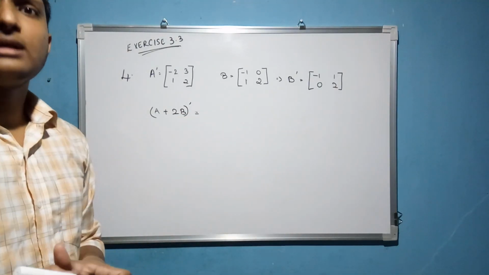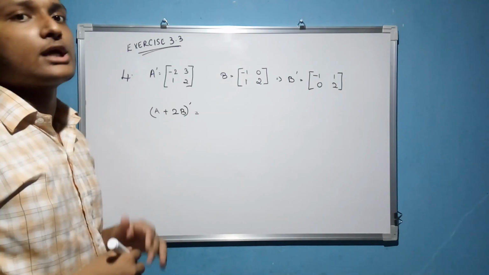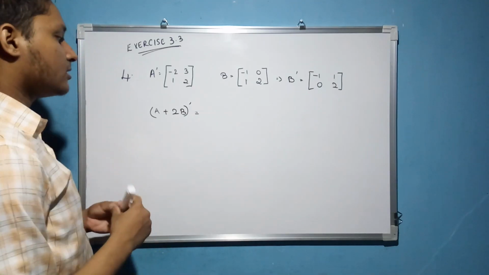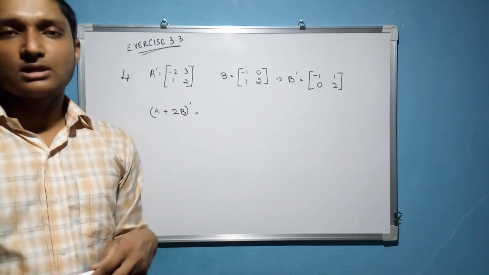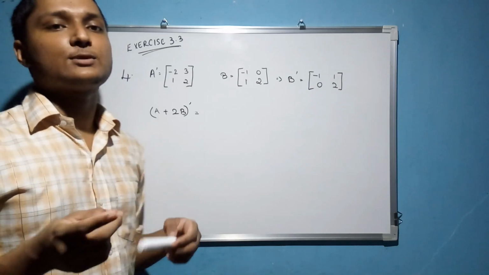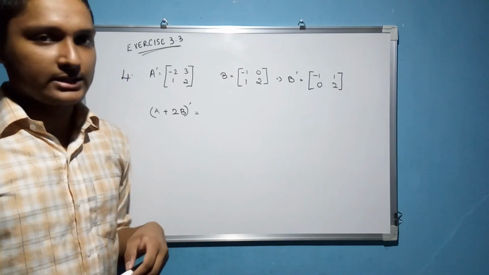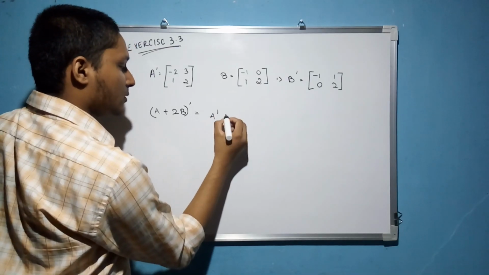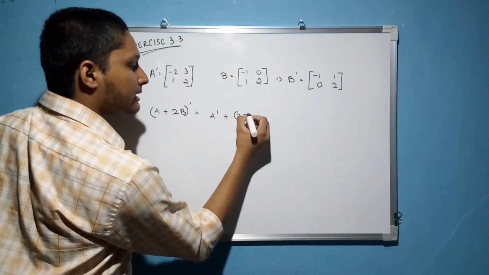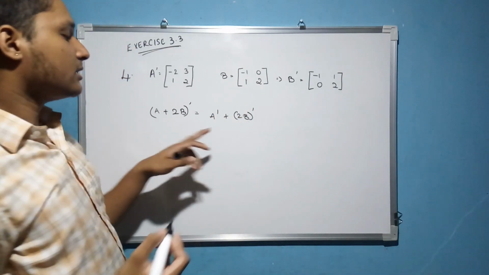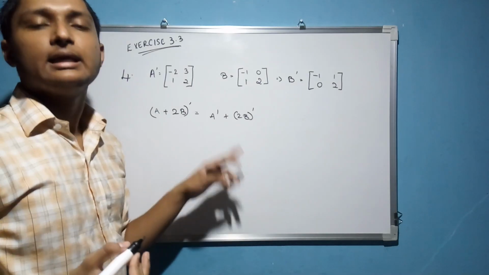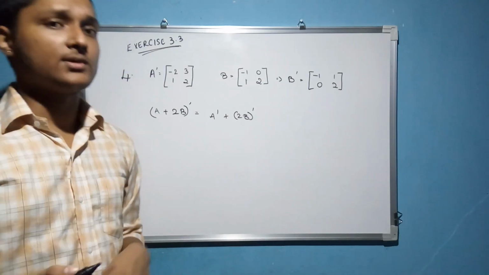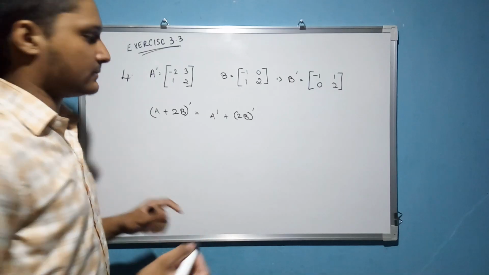By using the properties of transpose, you can split this. (A + B) whole transpose is equal to A transpose plus B transpose. So I can write this in the form A transpose plus (2B) whole transpose. You also have one more property: (K into B) whole transpose is the same as K into B transpose.